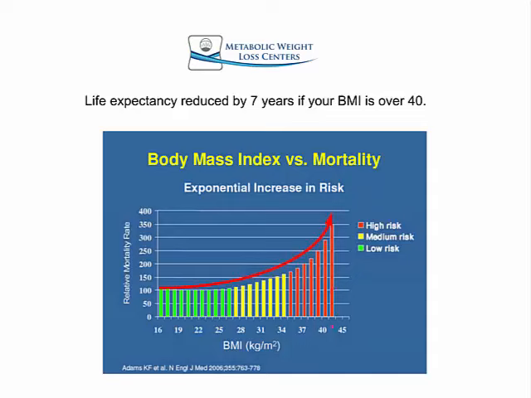So a patient who has a body mass index of around 42 has a relative mortality rate of nearly 400, which is almost 4 times as high as that of a patient with a normal body mass index. So this is really a pretty serious disease that we're talking about here, and it shouldn't be taken lightly.